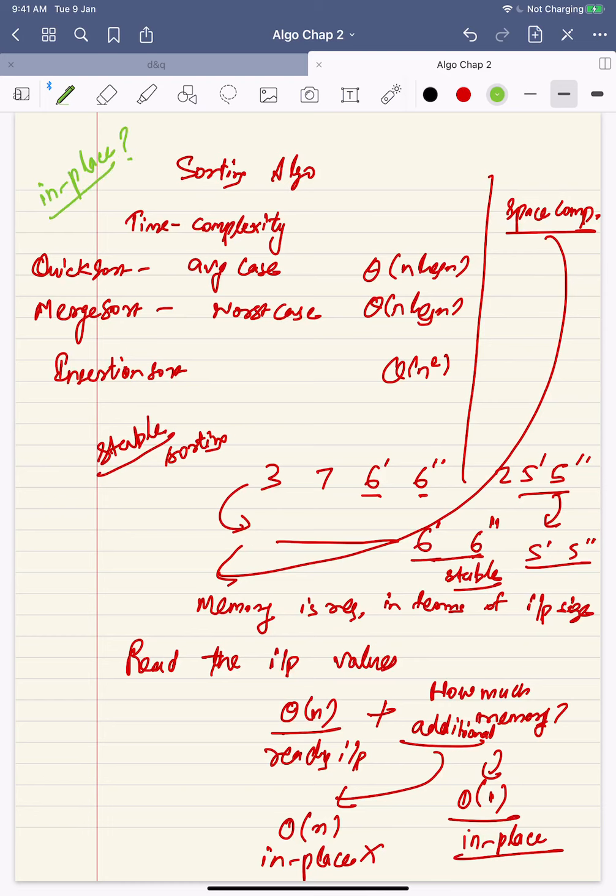Are they in place, and are they stable or not? So as an exercise, think about it. If you have difficulties, we will discuss. Now let's move on to some other interesting divide and conquer algorithm.